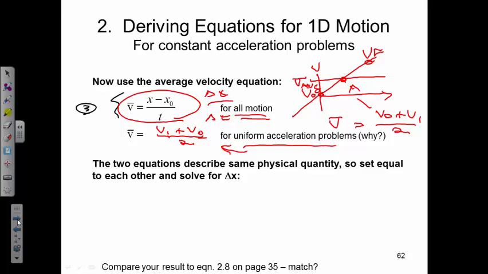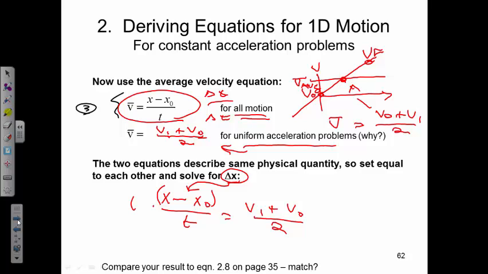If I have two equations that relate the same quantity, I can set them equal and see what happens. So we're going to set one equal to the other and see what we get. I asked you up here to solve for delta x, and this quantity right here is my delta x. To get delta x by itself, I multiply both sides by t.